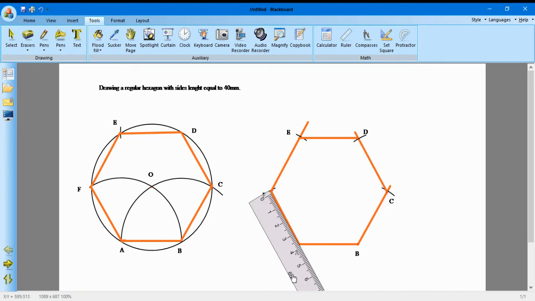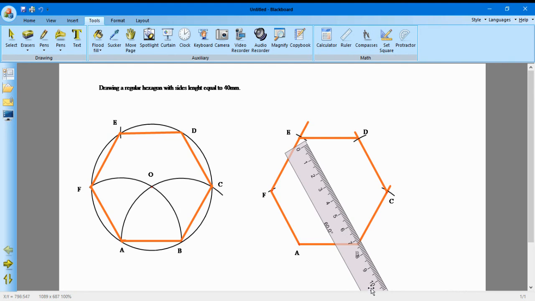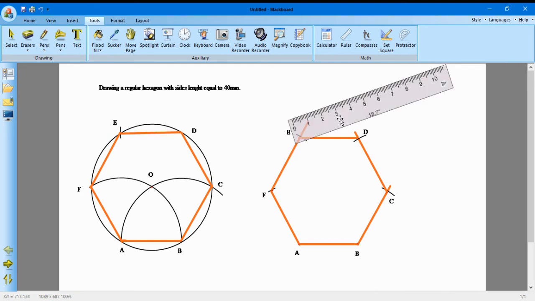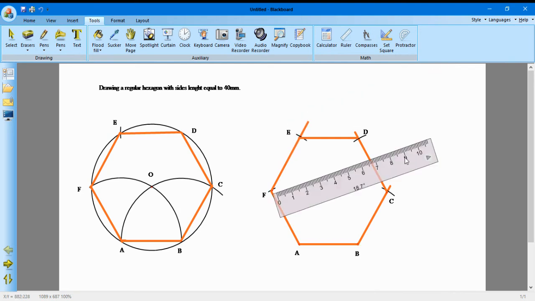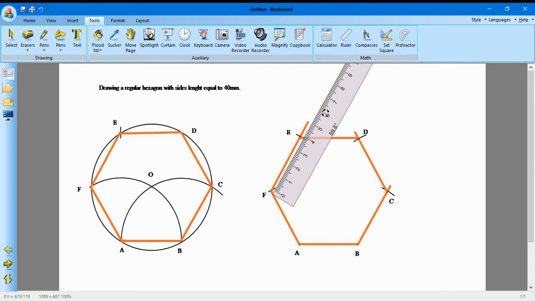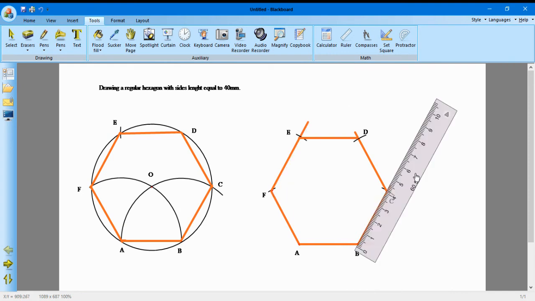Can move it this side as well. 40. 40. 40. Right? So these are my two hexagons.